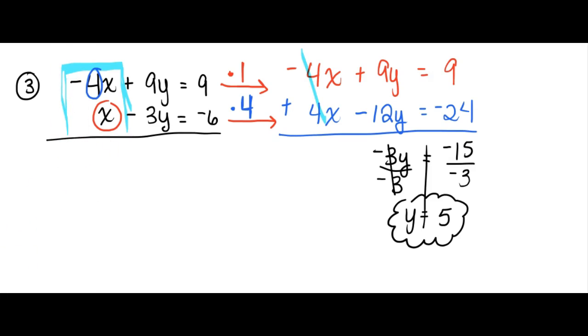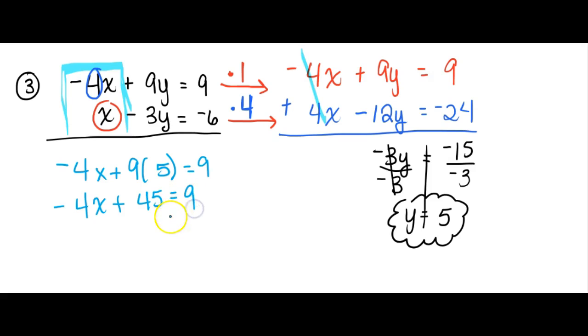So we're replacing that. And so we're doing negative 4x plus 9 times 5 equals 9, because I just replaced my y's, that's all. And then we have to multiply first, remember. So I get negative 4x plus 45 equals 9.